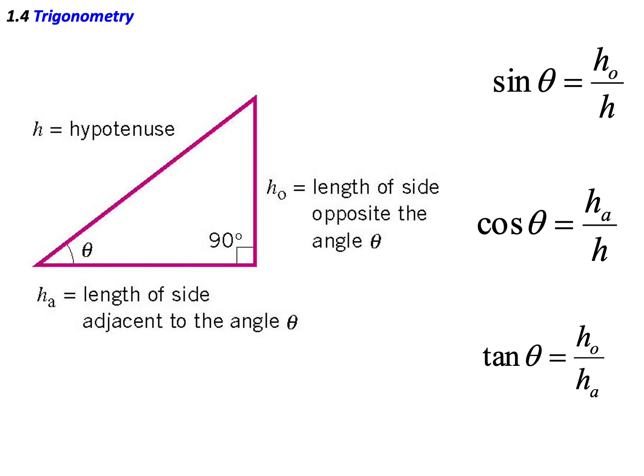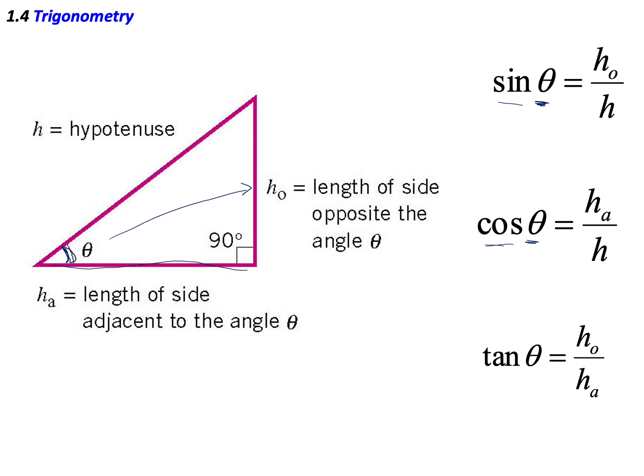Okay, so here's the same triangle we used in the previous slide. If you consider this is your angle of interest, angle theta, sine of angle theta means the length of the opposite side, HO, divided by the length of the hypotenuse, H. If you use cosine theta, this is the angle again, the adjacent side of this angle theta, which is HA, divided by H, the hypotenuse.